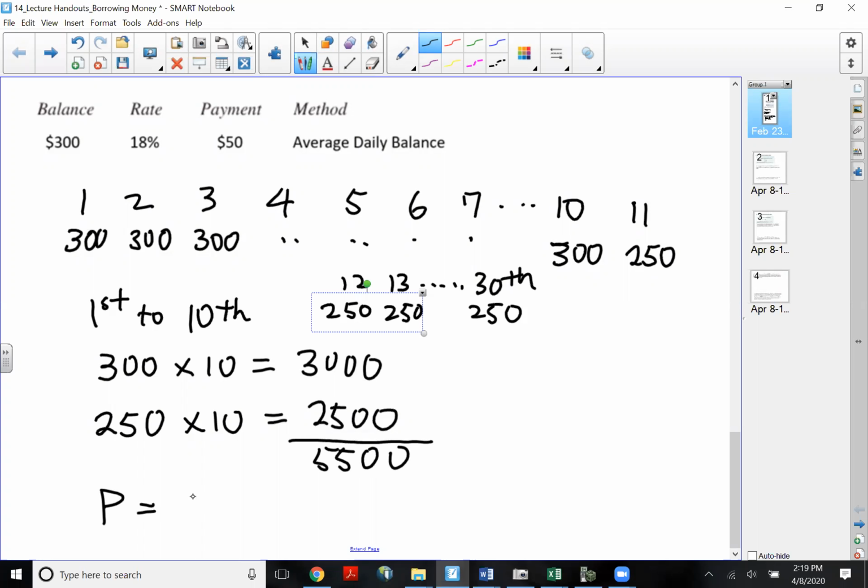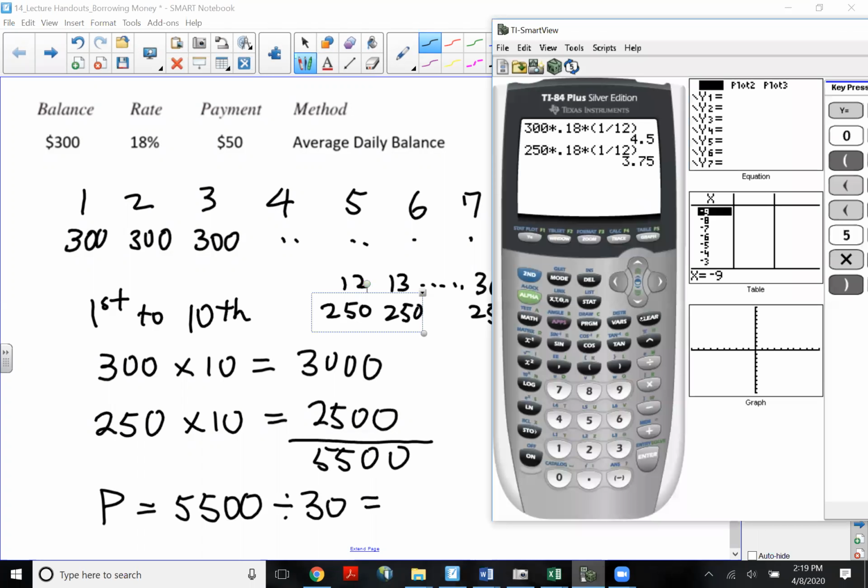So my principal, my average daily balance, how much on average I owe in a month, will be 5,500 divided by 30 days. It means on average, this whole month, how much do I owe them a day? Because there were days I owed them 300 and there were days I owed them 250.